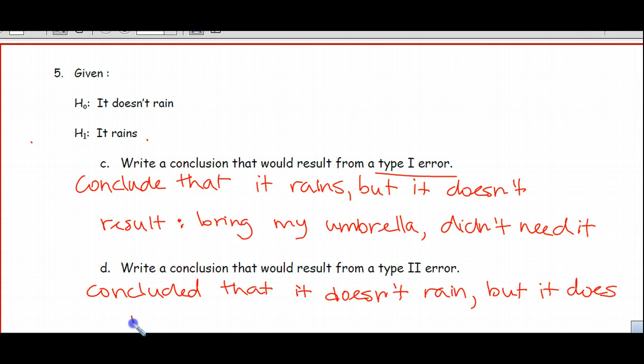What's a result from that? Well, I said to myself that it's not going to rain, so I didn't bring my umbrella. But it does rain, and I got wet.